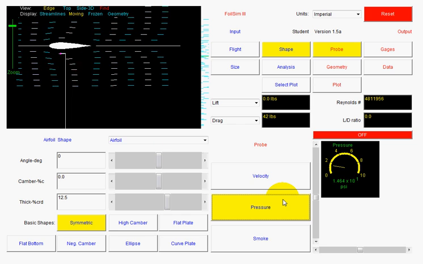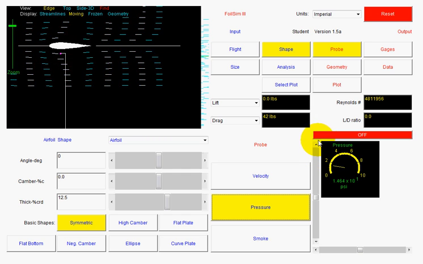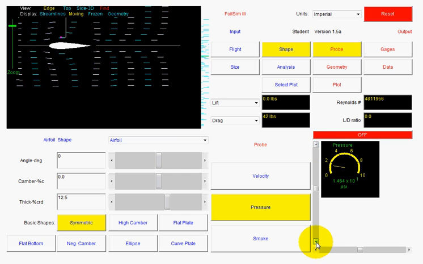Next, we need to measure the pressure and velocity above the wing. We do not need to touch the horizontal controls. All we need to do is move the vertical control above the wing. All right, we are on the first wind line above the airfoil.